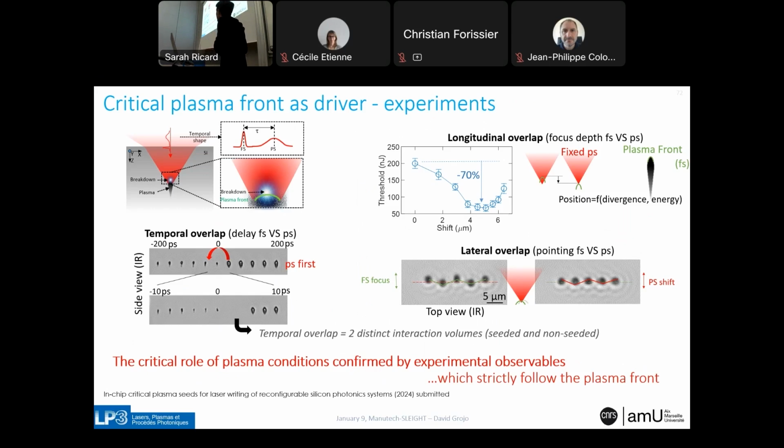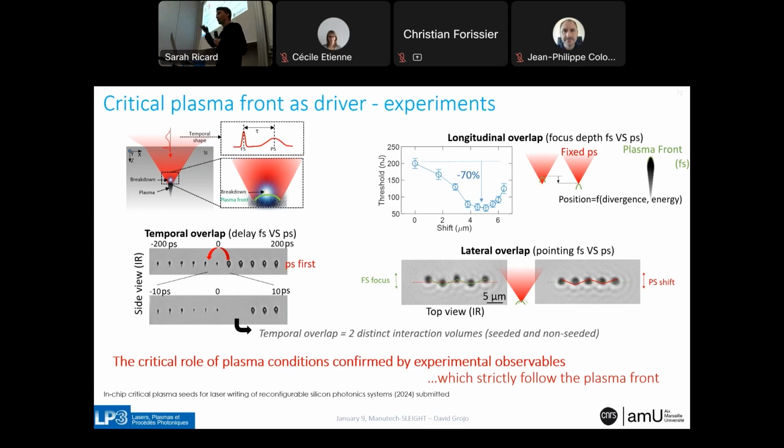Now, if you go for very short delays, so that the two pulses overlap, something intriguing there is that we have missing spots. It's like the femto, if it is sent at an appropriate time during the pico, it inhibits the effect of the pico. And that's something we can also quite simply understand: when you send the femto inside the pico, the first part of the pico will interact in the usual pico volume.